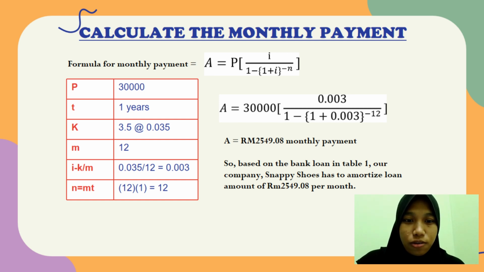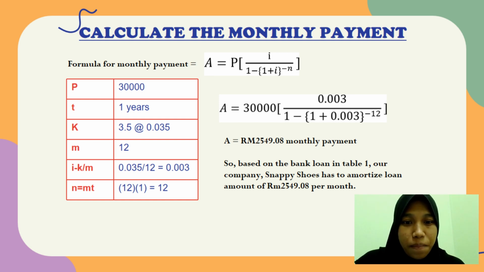So, the conclusion is A equal to 300,000 times 0.003 divided by 1 minus (1 plus 0.003) to the power of negative 12. The total is RM 200,459 ringgit and 8 cents monthly payment.